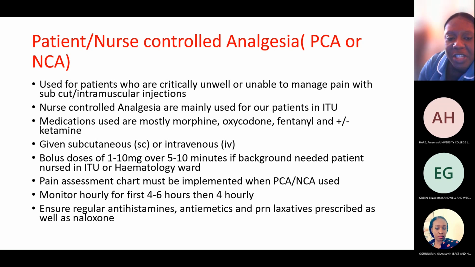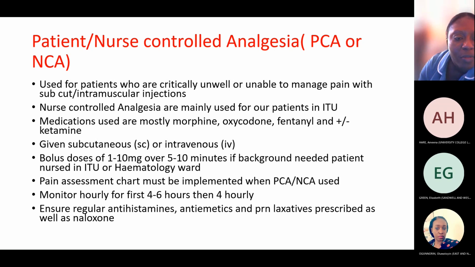As I said, we assess our patients day by day to see how their pain is going, and sometimes some patients do need PCA. These are used for patients who are critically unwell, unable to manage their pain with subcut or intravenous injections. Nurse-controlled analgesia is mostly used in ITU for patients who are intubated and unresponsive, so they tend to have nurse-controlled analgesia there.